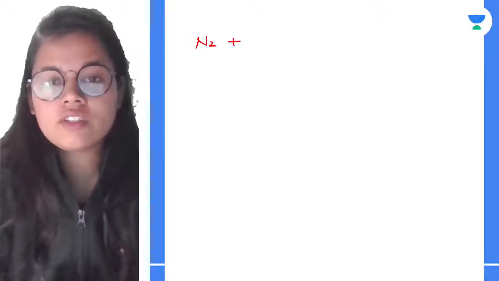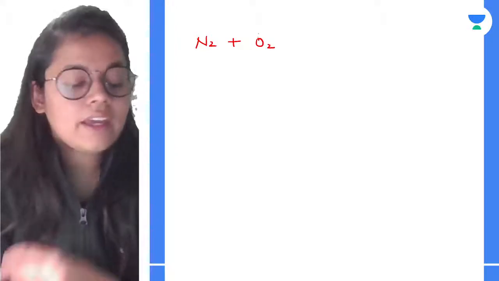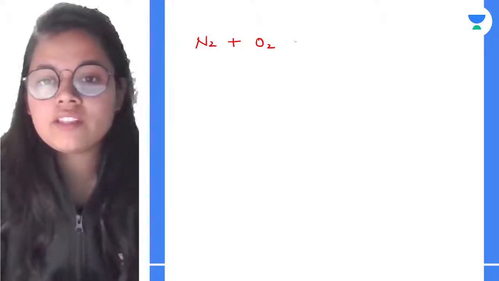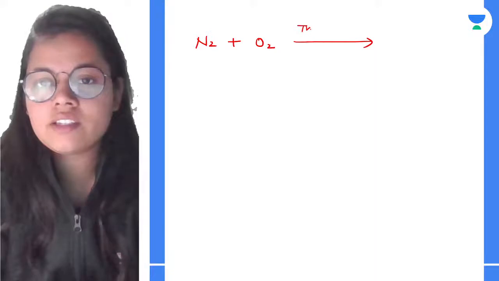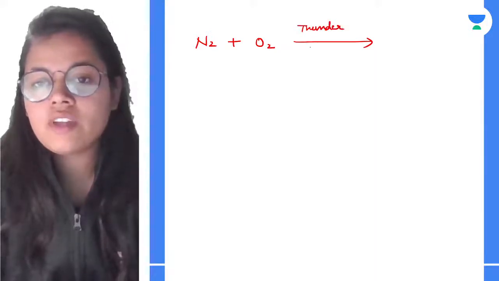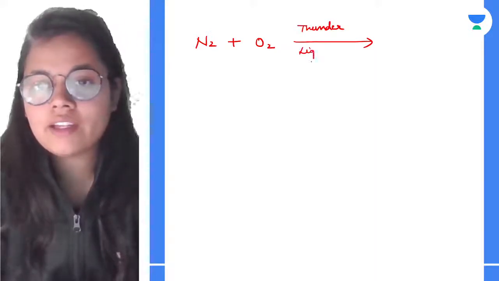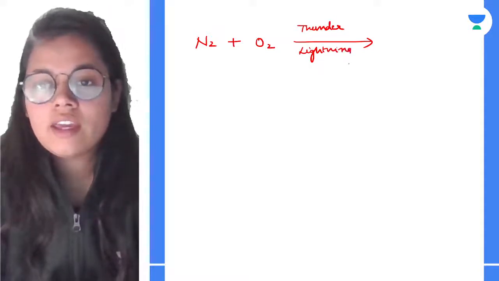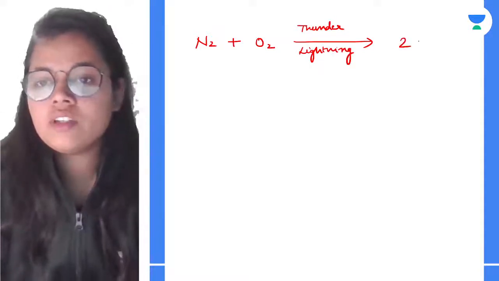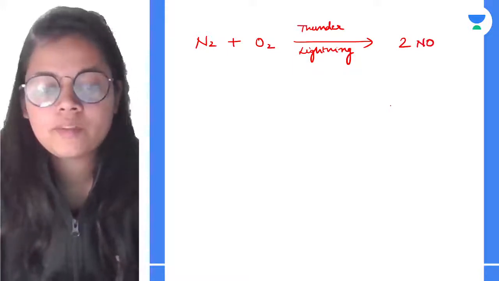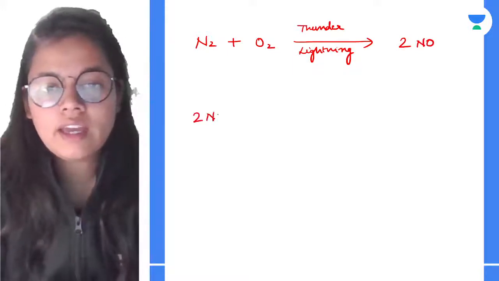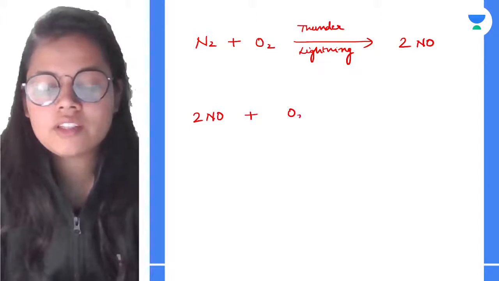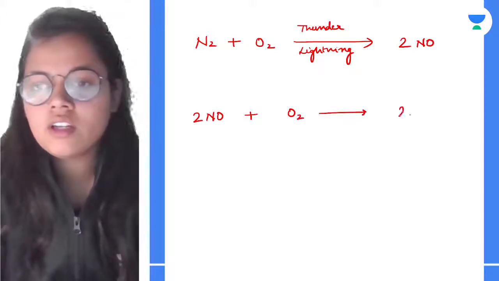Nitrogen and oxygen present in the air combine in the presence of thunder and lightning and a very high temperature to form nitric oxide. Now this nitric oxide further combines with oxygen to give what?